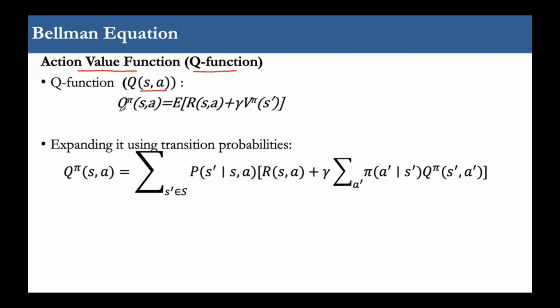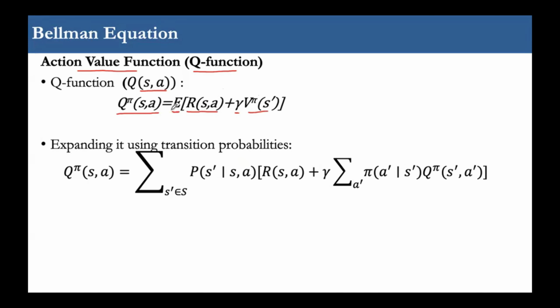So we get the equation as Q pi of S comma A, where S is the current state and A is the action performed, is equal to E. E is nothing but, as I told you earlier, the expectation, the average. The average of R, that is the reward we get from the current state. When we do the action, we will be moving to a next state. So whatever reward we get, that reward plus gamma into V pi of S dash.